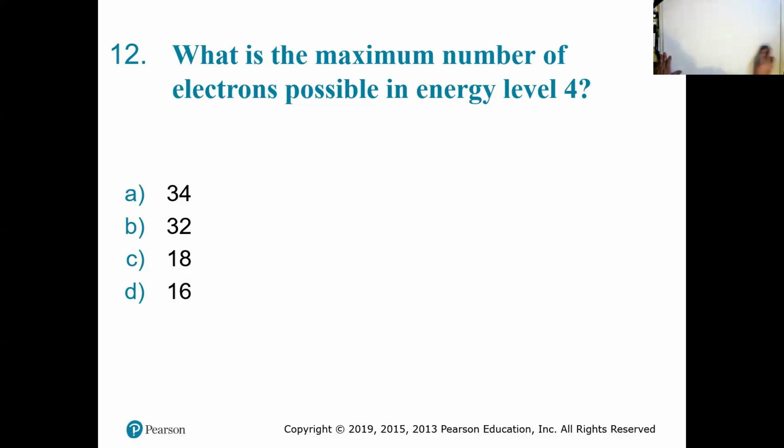I would say that for a question like this, it'd be a good idea in your scrap paper to maybe sketch out for yourself a little diagram of our nucleus and then the energy levels that kind of exist outside of that nucleus, going from about 1 to 4 or so.